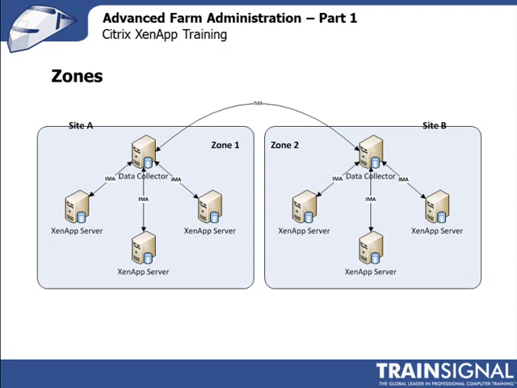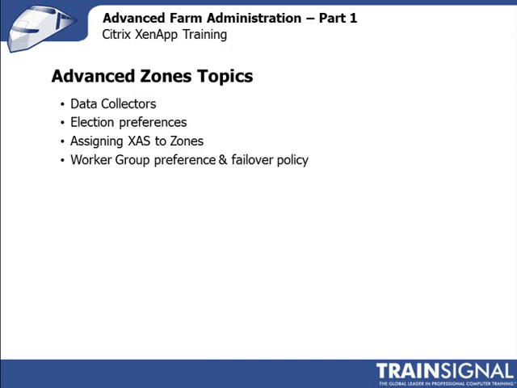So what Citrix did is it broke off zones and created worker groups. So a zone right now, its sole purpose is to group geographically located XenApp servers, whereas with worker groups, you can have a collection of XenApp servers that serve a function. You can have a collection of XenApp servers that are based on a particular application.